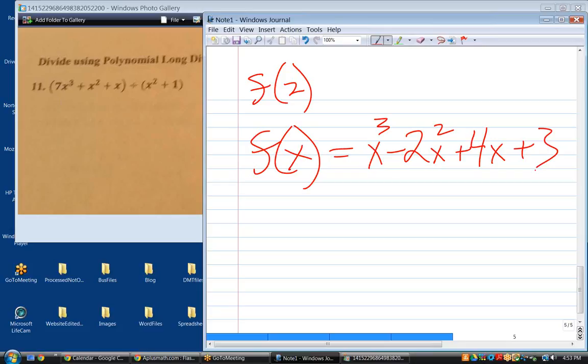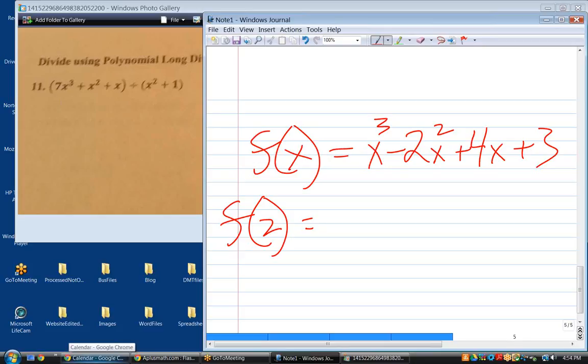Okay. What is f of 2 equal to? How do I do it? You just plug 2 in for all the x's? In fact, whether it's a number or a variable, you plug it in for all the x's. In other words, yes, I'm going to plug it in. So what should I write?